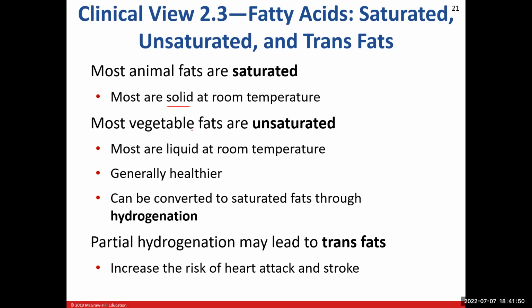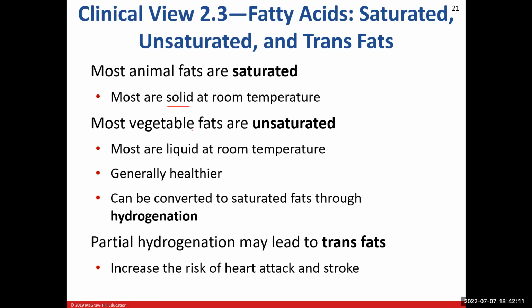Now, vegetable fats will be liquid at room temperature. Those are going to be unsaturated, and unsaturated fats are considered to be healthier. We can make them into saturated fats, and that process is called hydrogenation.